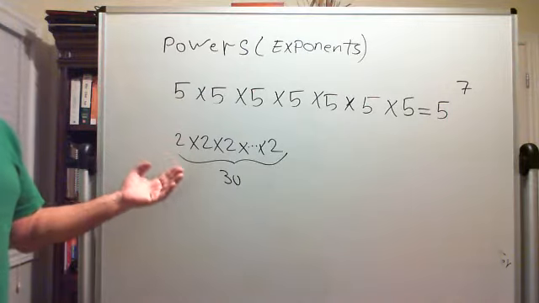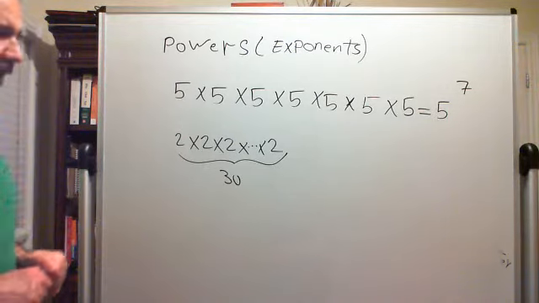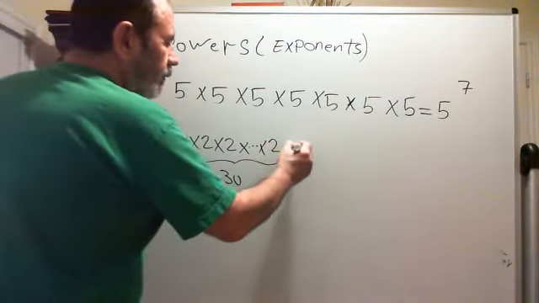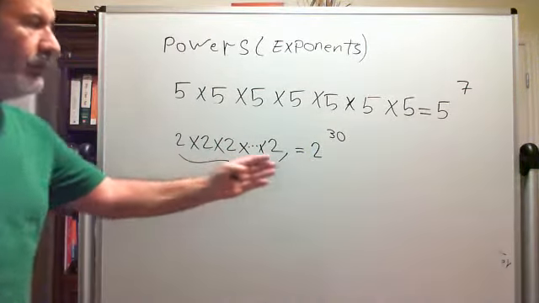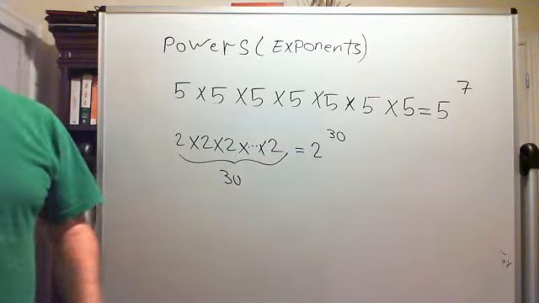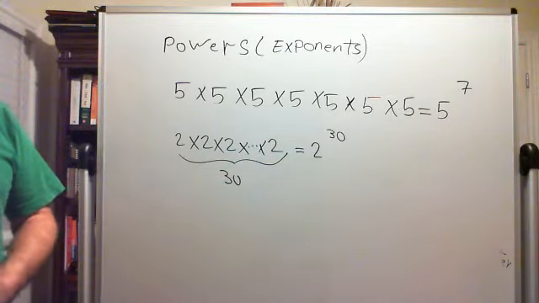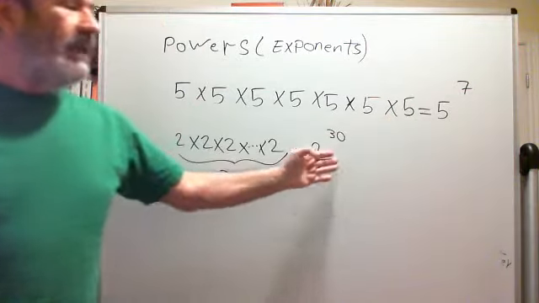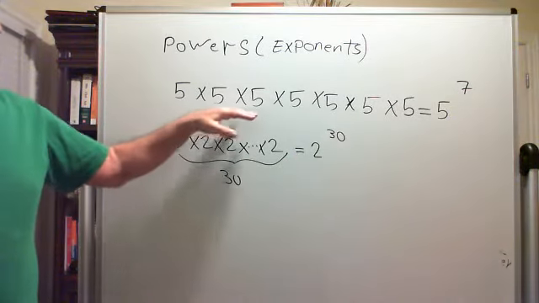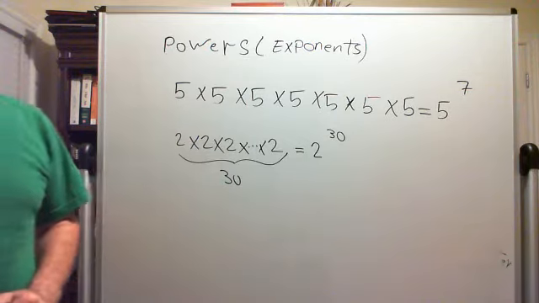Or for this one, if I want to multiply 2 by itself 30 times, I can write it as 2 and put a 30 here and read it 2 to the power of 30. It means 2 multiplied by itself 30 times. So as you see, the power is the easier way to show repeated multiplication.